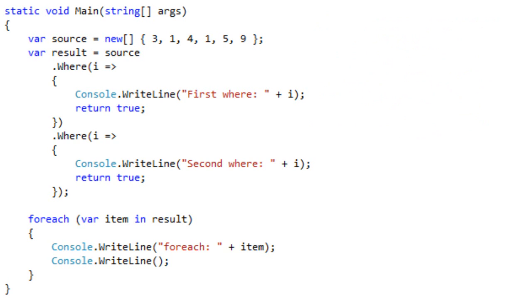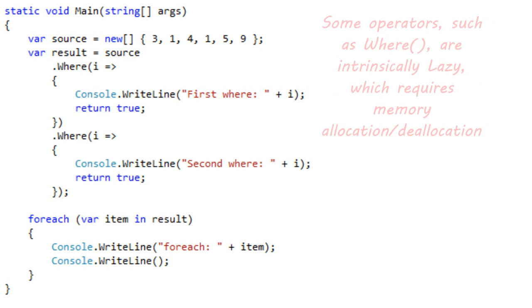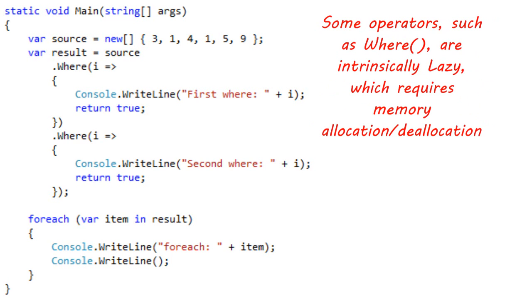So certain of these operators, such as where, are intrinsically lazy, and certain of them are not intrinsically lazy. So you can certainly imagine that this where extension method is able to get the first item and decide whether it needs to be passed on out of that query. In other words, it applies the predicate to that item. And then if the predicate returns true, then it passes it on to the next part of the query.